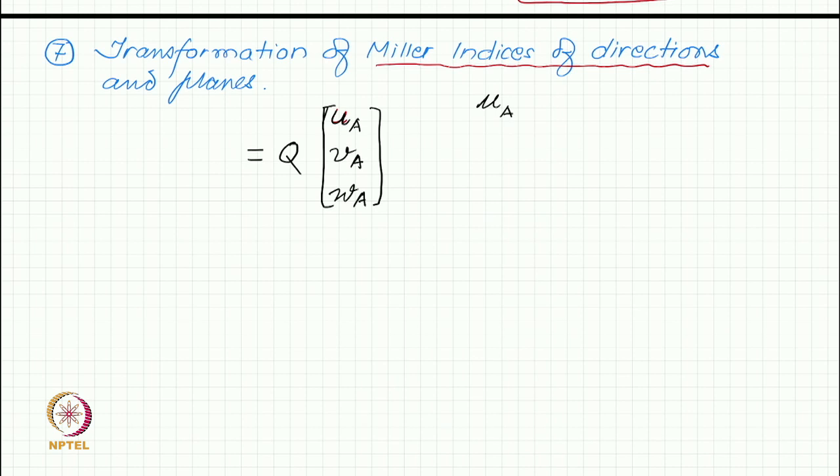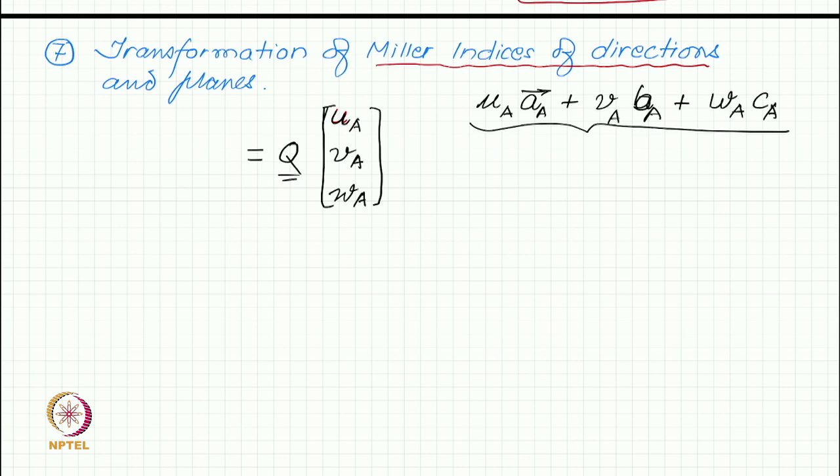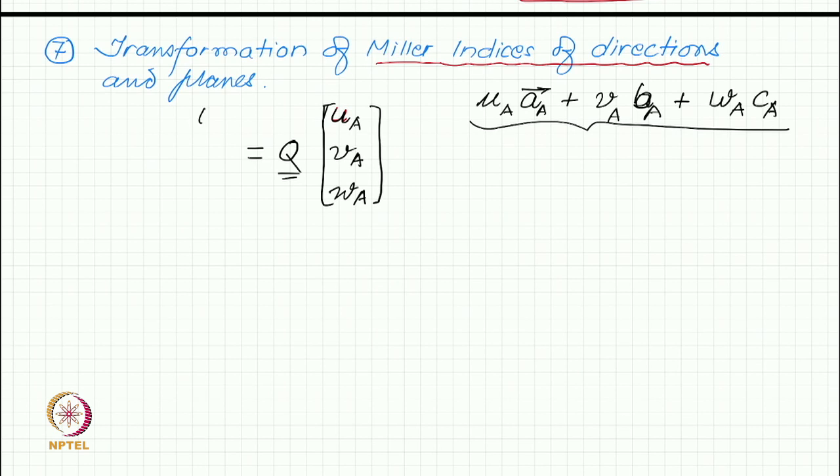It was representing a direction UA times A plus VA times B, sorry, VA times B A plus WA times C A. So, it is a vector and it is a vector in real space, and for real space is what we have set up Q for. So, we will get UB, VB, WB.